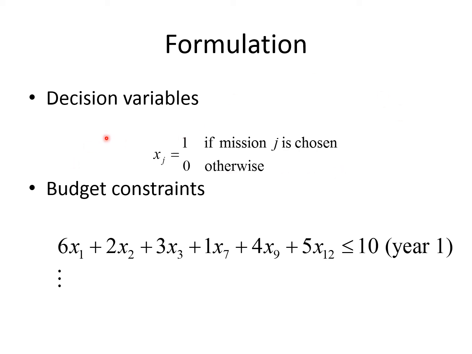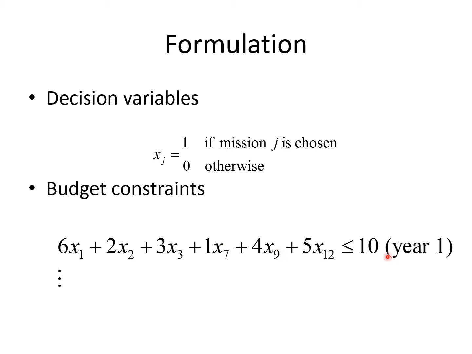The budget constraint is straightforward. So we add all the column in the previous table, and the various investments, and this requires 6 million if you work on project 1 in period 1, 2 million if you work on project 2 in period 1, 3 million if you work on project 3 in period 1, and so on.